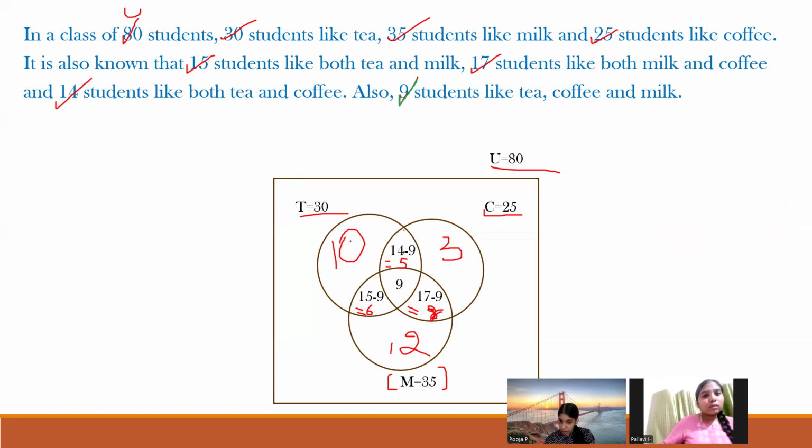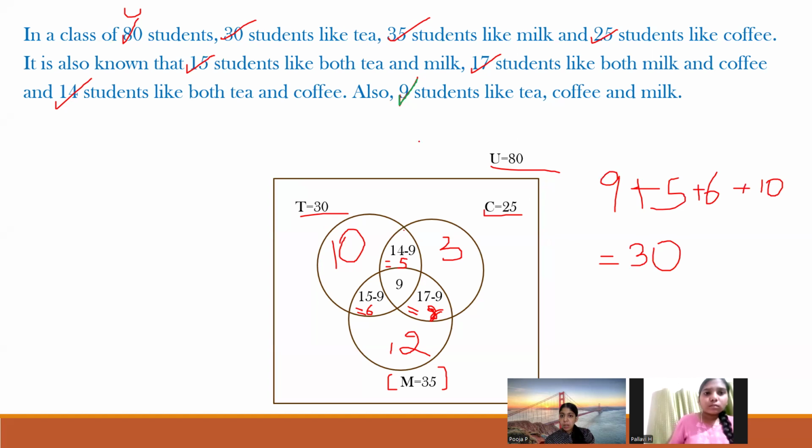Among these, how many like tea? 9 like tea, plus here you have 5, plus here you have 6, plus 10. So these many students like tea. So this is 20 plus 10, which is 30. So 30 students like tea.